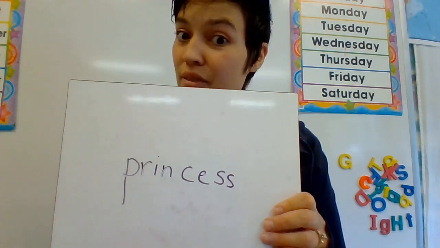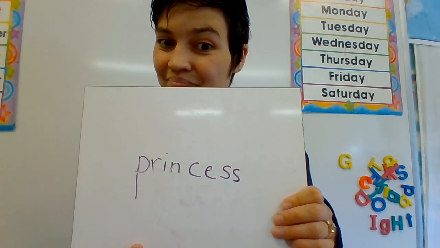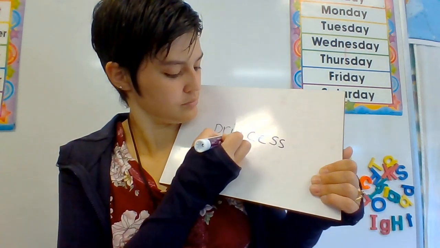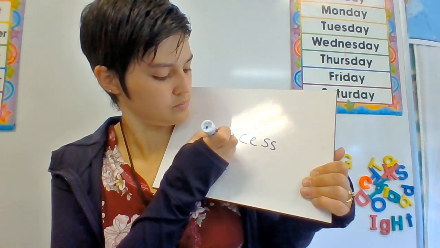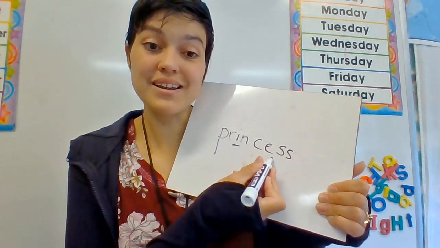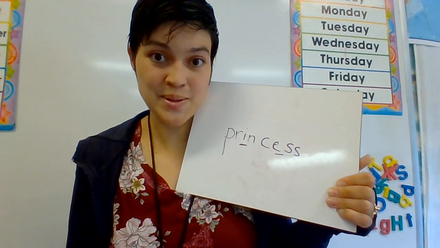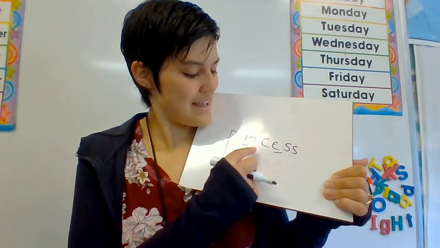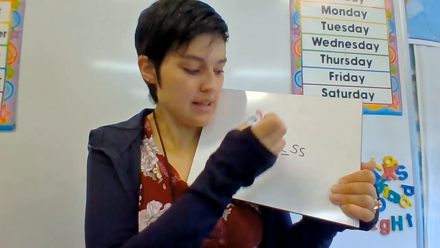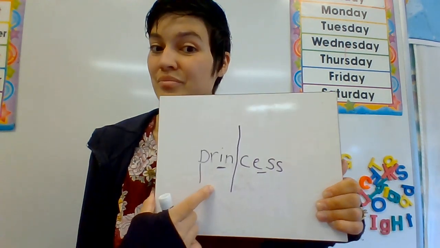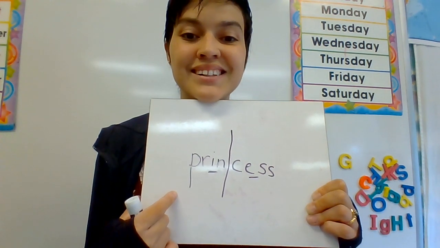Okay, so where are the vowel sounds? The first one is I. The second one is E. Now, what are the dividing consonants? N and C. So let's divide the syllables right between N and C. So read the first syllable.